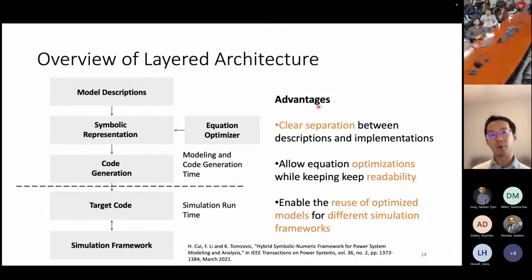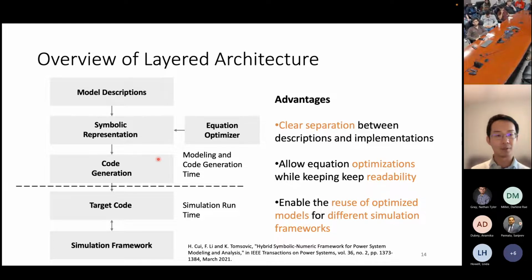So there are a few advantages here. First, we have a clear separation between the model description and the actual implementation. So the modeling user only needs to care about how to describe a model. All equations described by the user will be optimized, but to the user, the description is still readable.